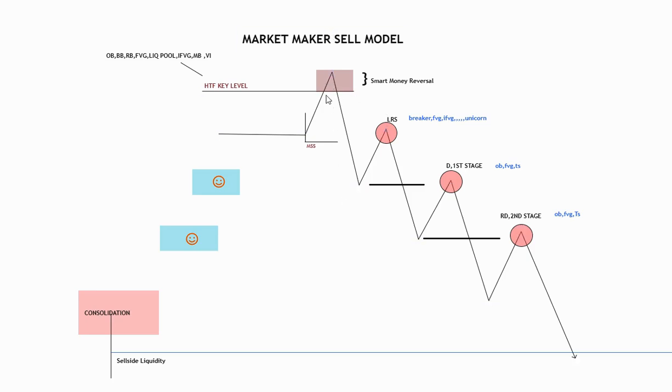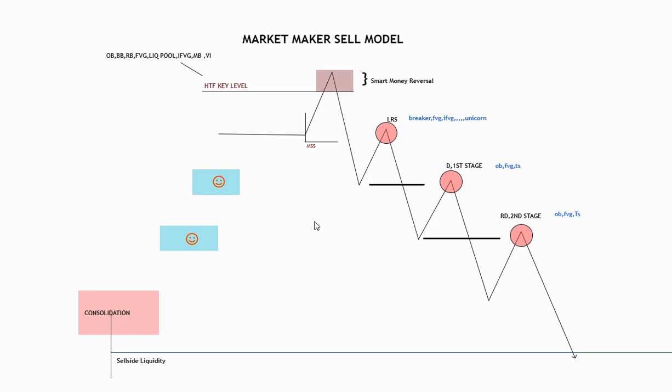When it closes below a mitigation block, when we have an SMT, we have a change in state of delivery there. So once we have a market structure shift, we are shifting from the buying aspect to the selling aspect.